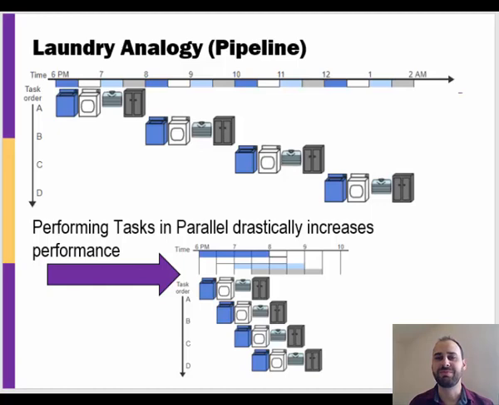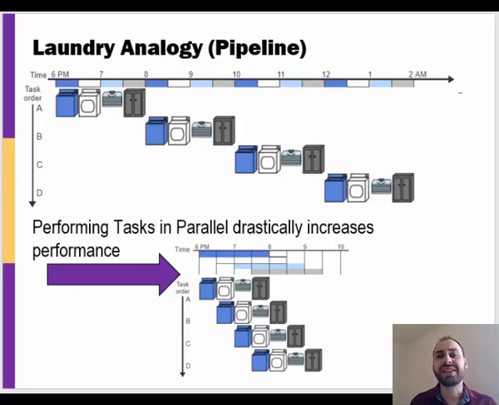Now we've got to take that high level understanding and go into how we actually implement it. Let's notice a few key pieces of information in this analogy. One is that we broke out the process of doing laundry into 4 steps, 4 stages.